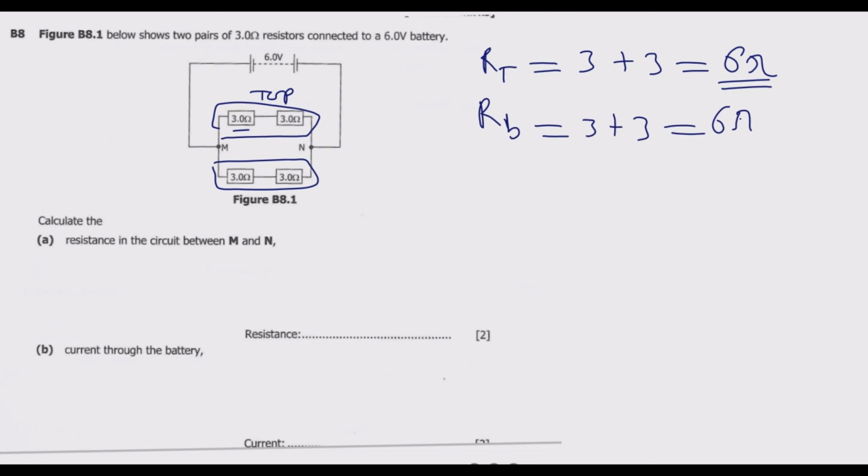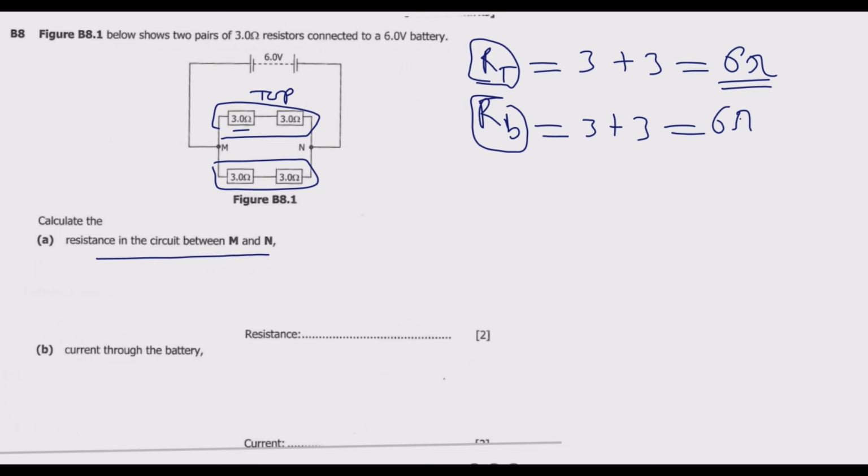So you see, when you treat the bottom and the top separately as series, we have the combined resistance of those two lines. Then from there, we need to find the resistance of these two combined, the top and the bottom, in parallel.